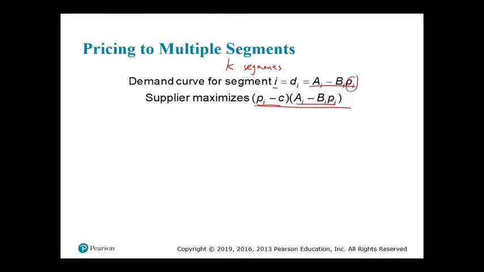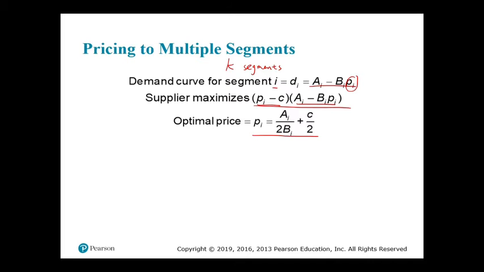So again, this is a quadratic function of p_i. So we can take a first order derivative of this profit function and calculate the optimal price. All right. So the optimal price for each customer segment i is simply this much.